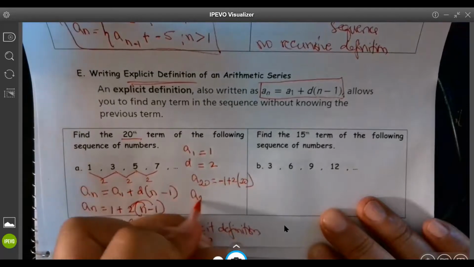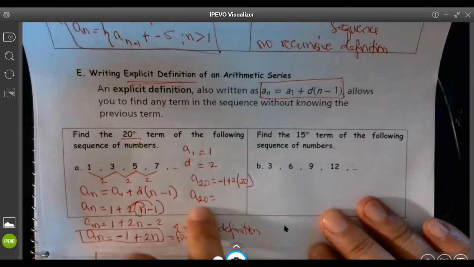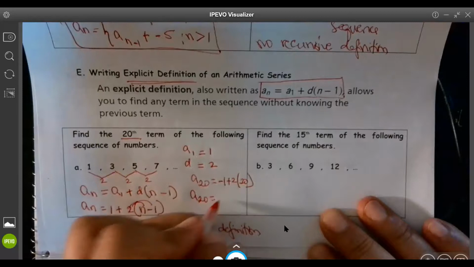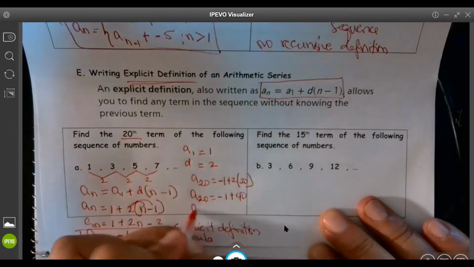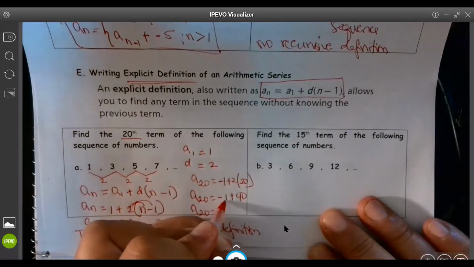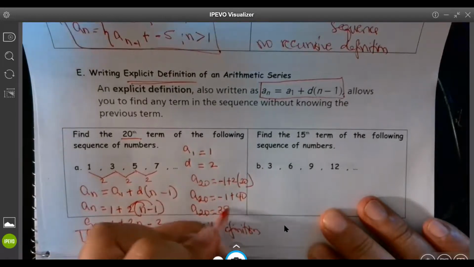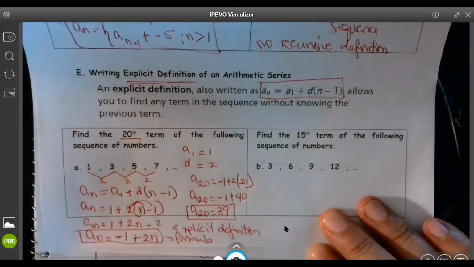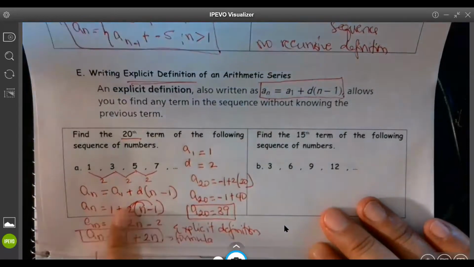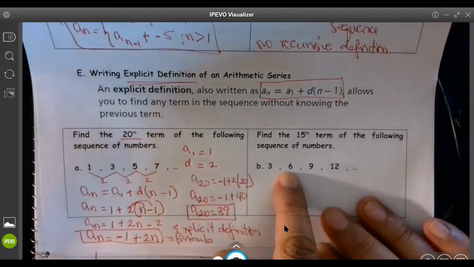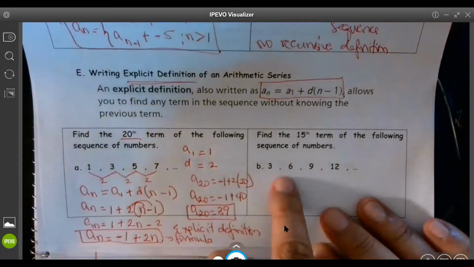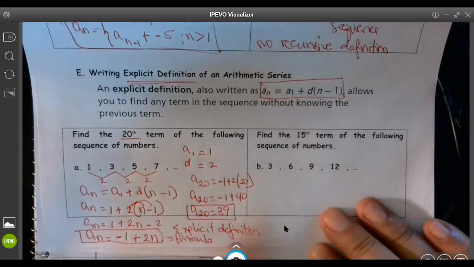So a sub 20, the 20th term, will be negative 1 plus 40. Negative 1 plus 40 is 39. The meaning of this is, if you extend this up to the 20th term, the term will be 39.